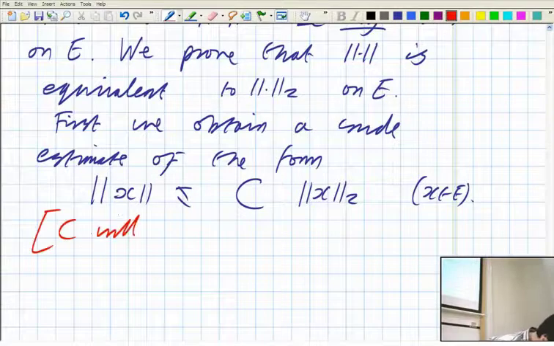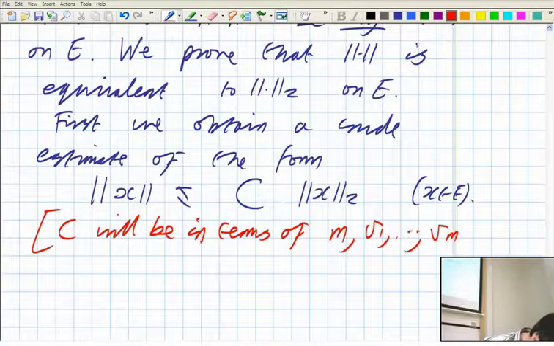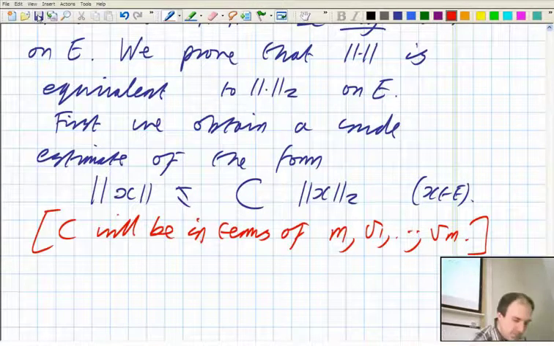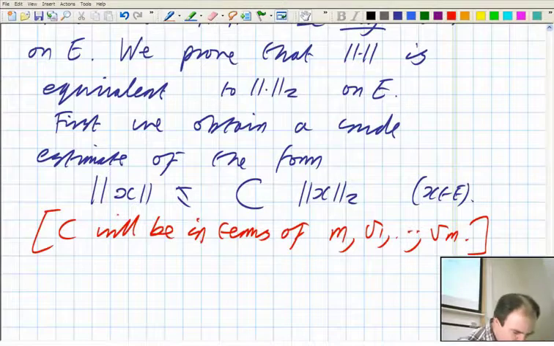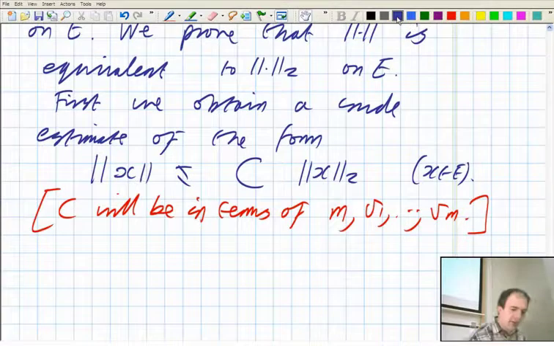C will be in terms of M, V1 up to Vm, but that doesn't matter, because you're allowed to do that and say, we picked out our basis at the beginning, so our constant's allowed to depend on those. Let's see how you do it.